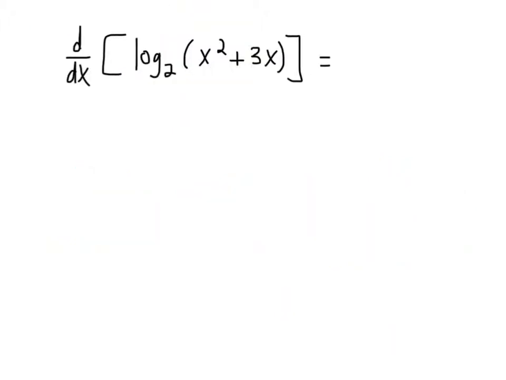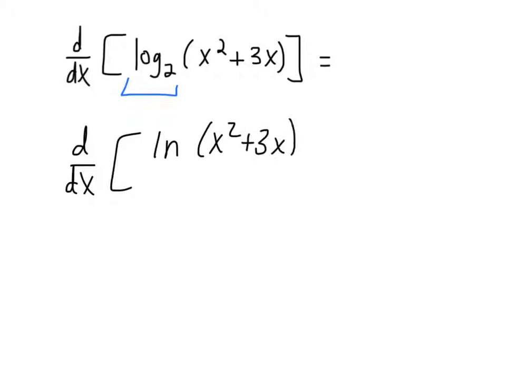But it's not always going to be a natural log. It might be log base 2 of x squared plus 3x. So how do we handle something like this? Well, we could use the change of base formula, because we know the derivative of natural log. If I change the base, I get natural log of x squared plus 3x over natural log of 2.